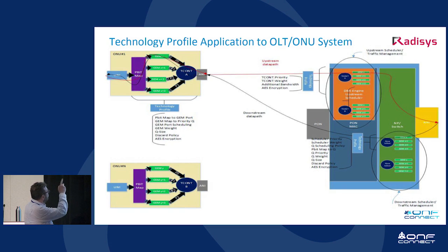In this case, I have 4 gem ports and a p-bit map to each of those gem ports, and a scheduling policy applied at the TCON level in the upstream direction. Similarly, in the downstream direction, I can define 4 queues with a scheduler and a scheduling policy applied to those downstream queues, and also the bandwidth policy.